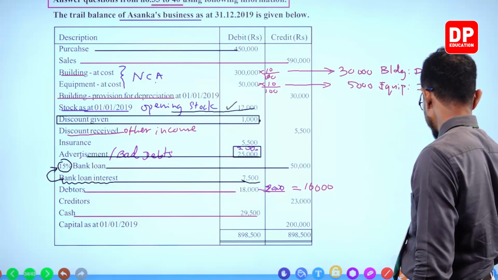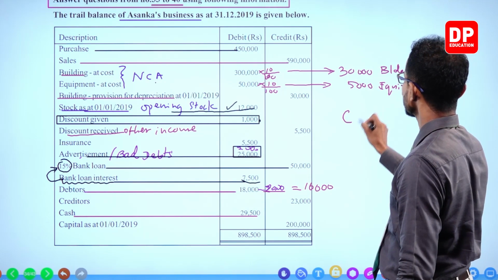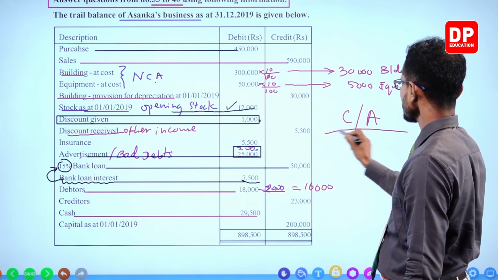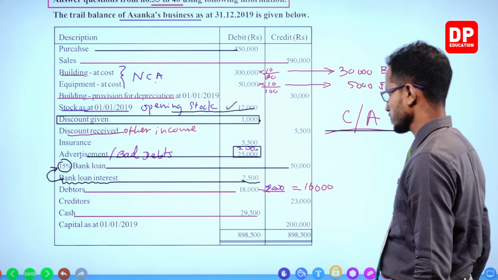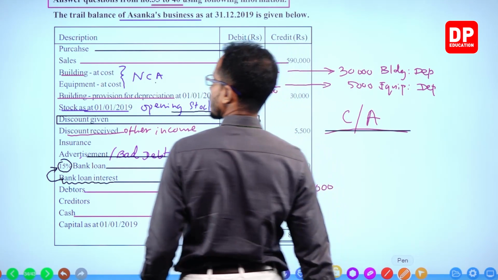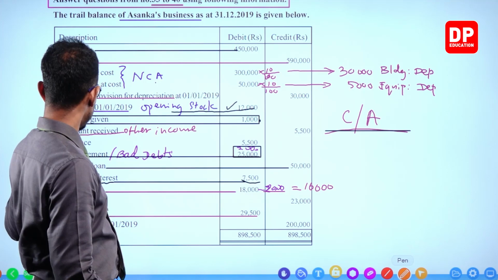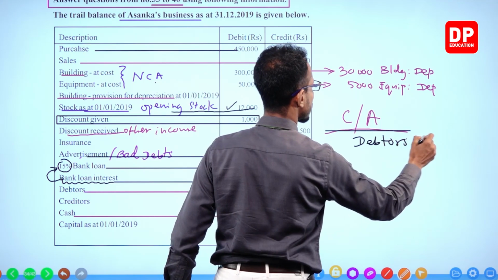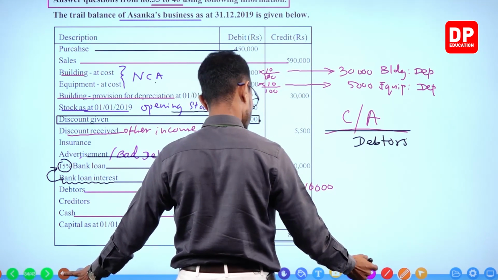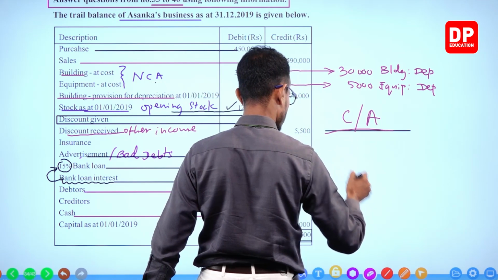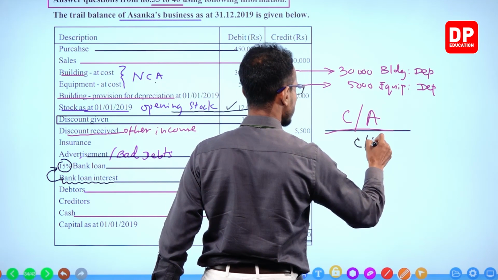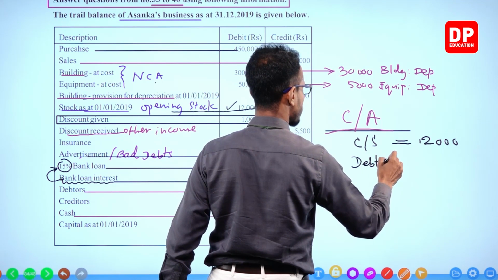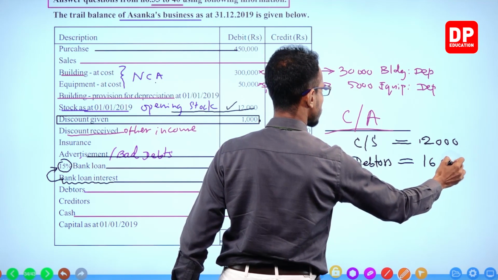Now let's take the total current assets. Closing stock first, 12,000. Debtors 16,000.